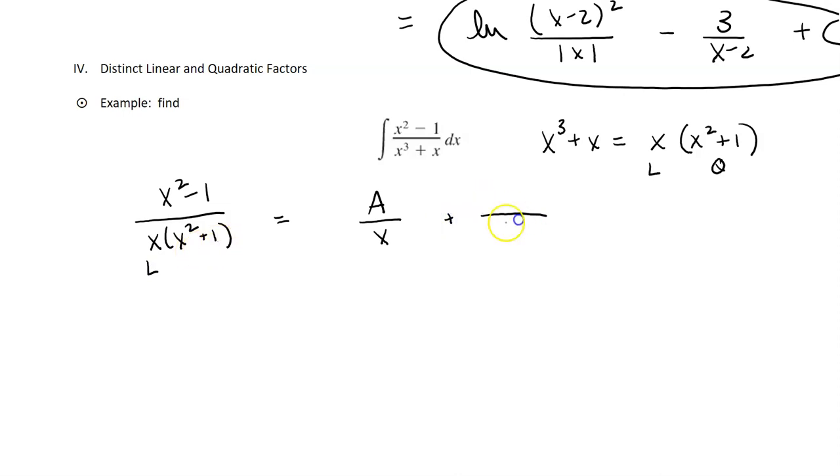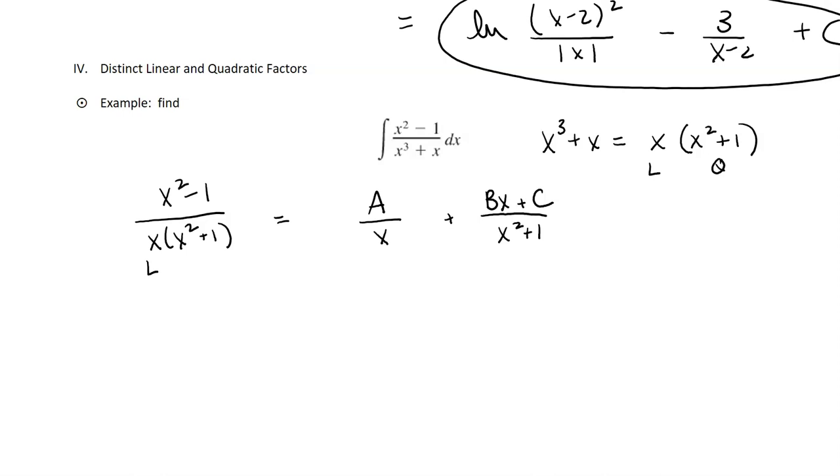Because the second one is quadratic, we need to put whatever the next letter in the alphabet is, which is B, times x plus C. So remember, the goal is usually to have a natural log, u prime over u integral. And in order to do that, if your u is x squared plus 1, you're going to need an x in your numerator to make that happen. So that's why we have to use this decomposition format.